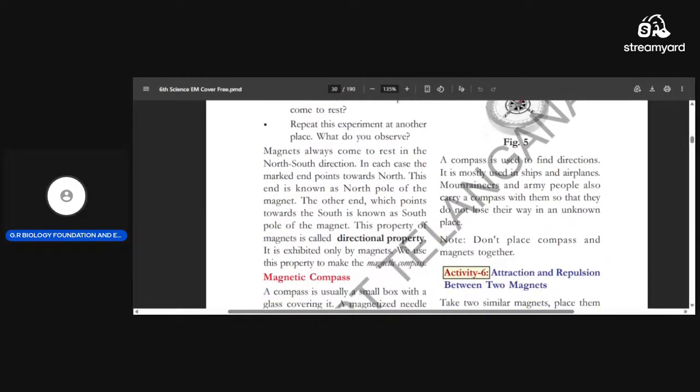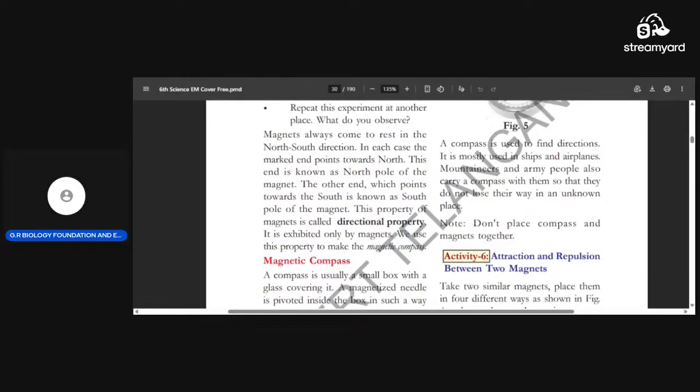A magnetic compass is used to find out the direction. It is mostly used in ships, aeroplanes, mountains, and army people also carry a compass with them so that they do not lose their way in unknown places. Here I already asked yesterday a question: who will use the magnetic compass?